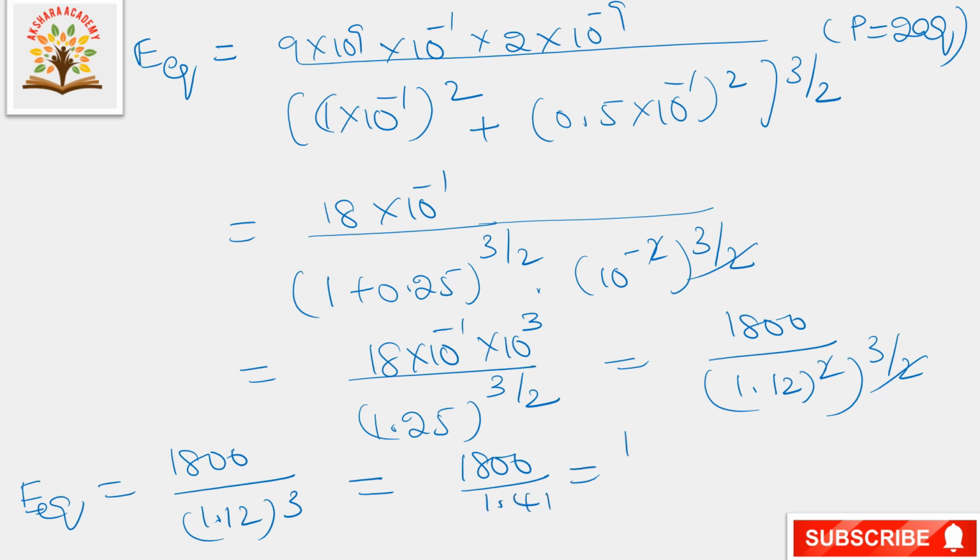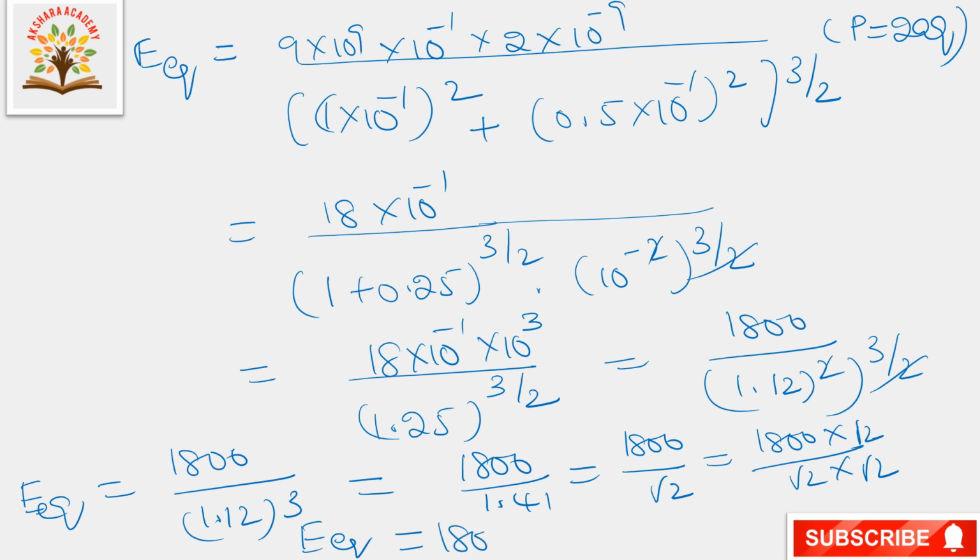So that is equal to 1800 by 1.41. So that is equal to 1800 by root 2. So this again can be written as 1800 into root 2 by root 2 into root 2. So root 2 into root 2 is 2. So electric field is equal to 1800 root 2 divided by 2.